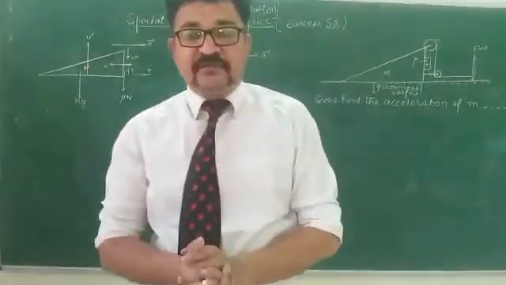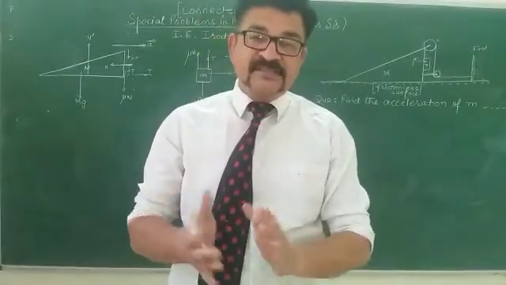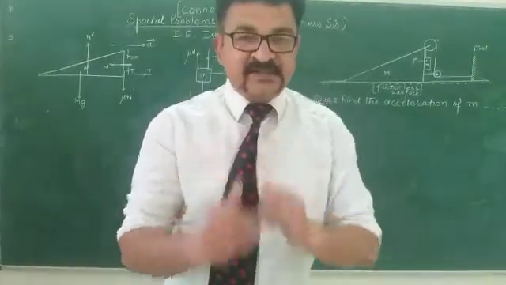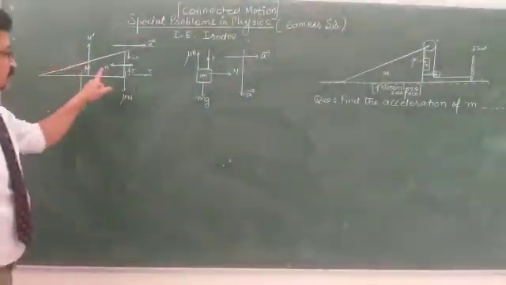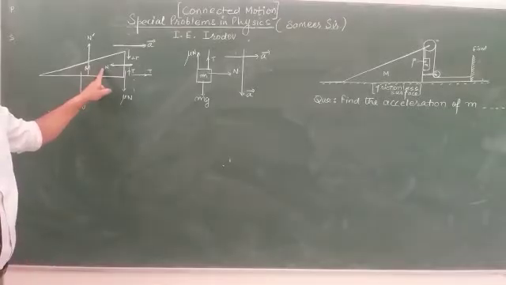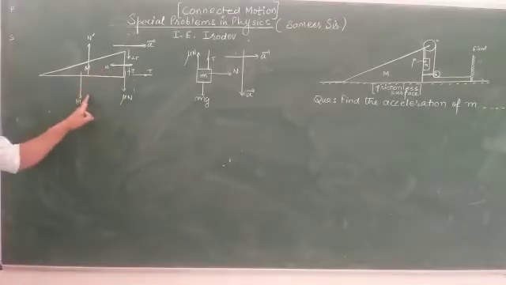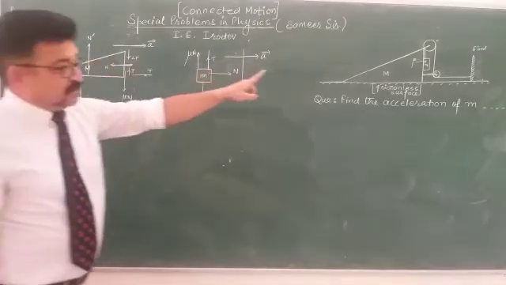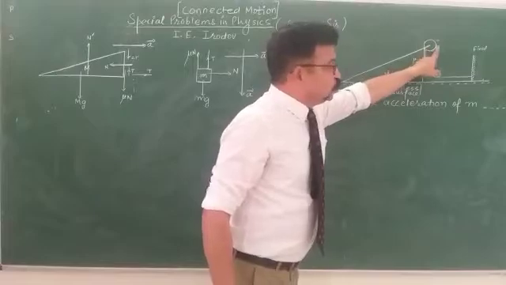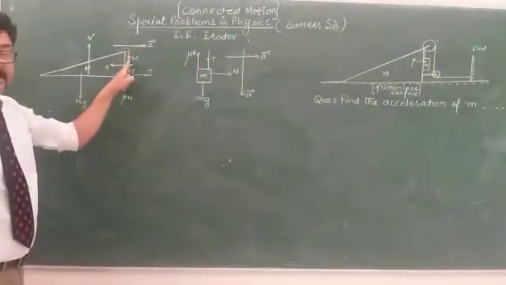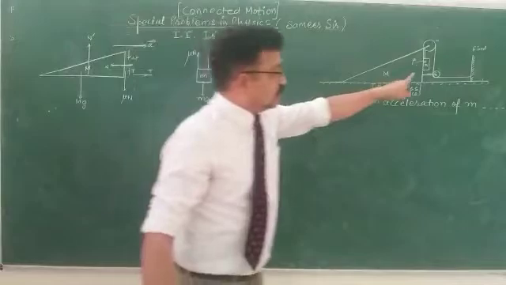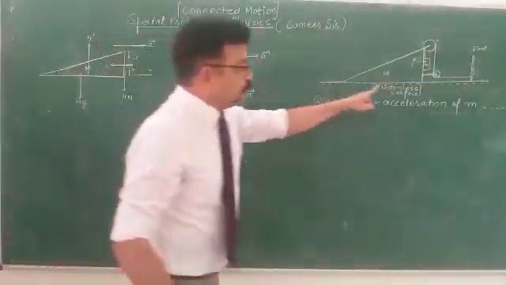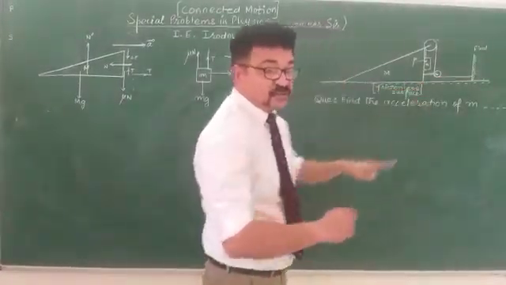I have drawn the free body diagram of the wedge system with pulleys and small m separately. Let us discuss it. Suppose I am discussing the free body diagram of capital M. The weight acting downward, the contact force from the ground, two tensions which are acting downward, one of the tensions which is acting upward, one of the tensions which is acting horizontally.